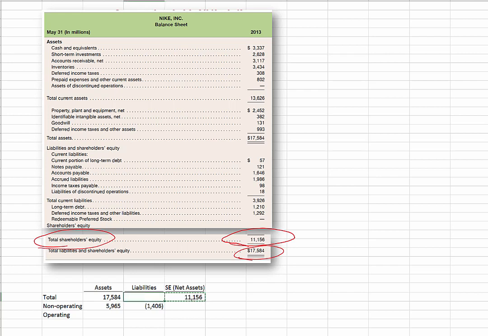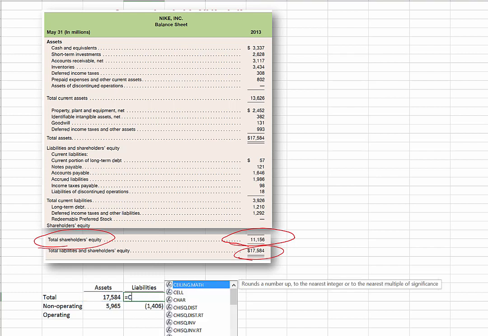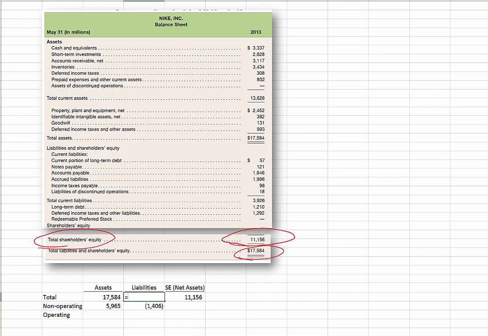And now my liabilities are just going to be the difference between assets and stockholders' equity. I want those to be negative, so let me subtract like this. Nope, let's try again. Let me subtract like this. And there are my liabilities shown negatively. And now I can sum up down here total assets minus non-operating assets to give me my operating assets.